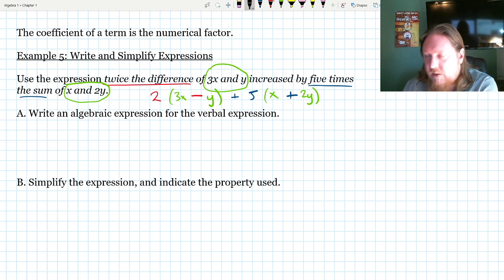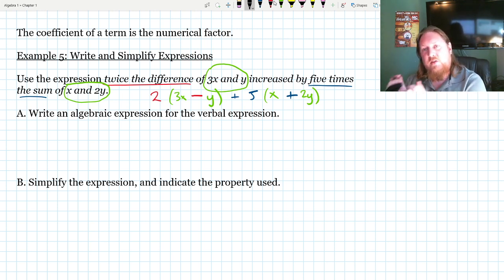So I wrote this all in the smallest place possible, but that's how you can recognize distribution in a verbal sentence, as it's some sort of product of an operation, and then the operation tells you which two numbers it's affecting.